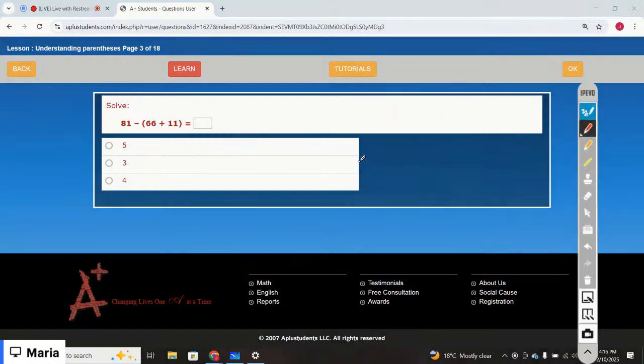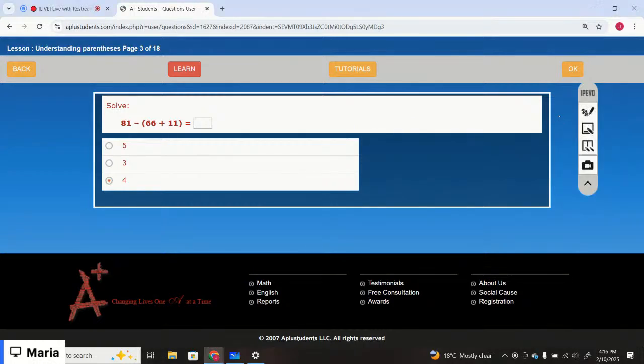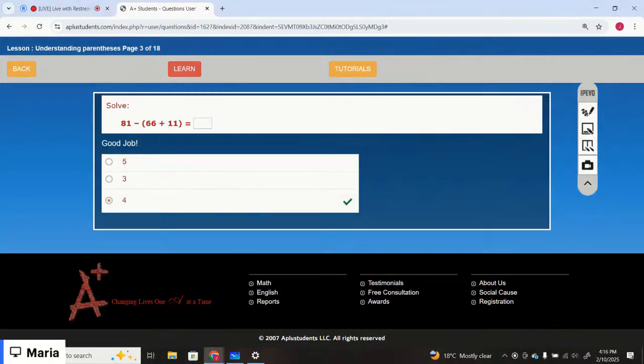So 81 minus 77 equals 4. Option number 3 is the correct option.